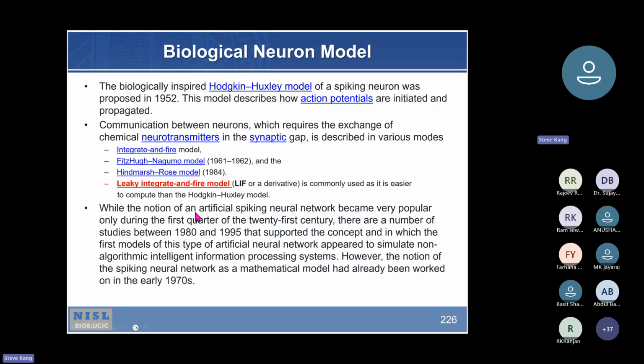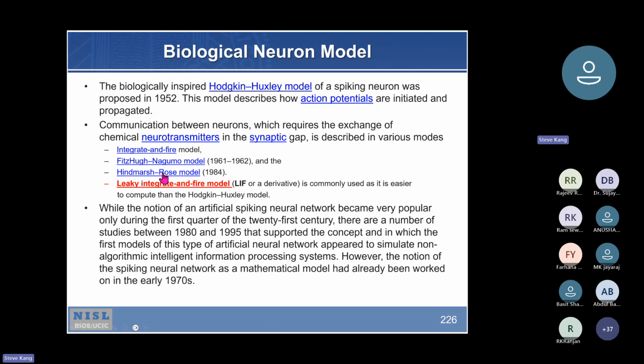While the notion of artificial spiking neural networks became very popular only during the first quarter of the 21st century, there are a number of studies between 1980 and 1995 that supported the concept. The first model of this type of artificial neural network appeared to simulate non-algorithmic intelligent information processing systems. The notion of a spiking neural network as a mathematical model had already been worked on in the early 1970s.